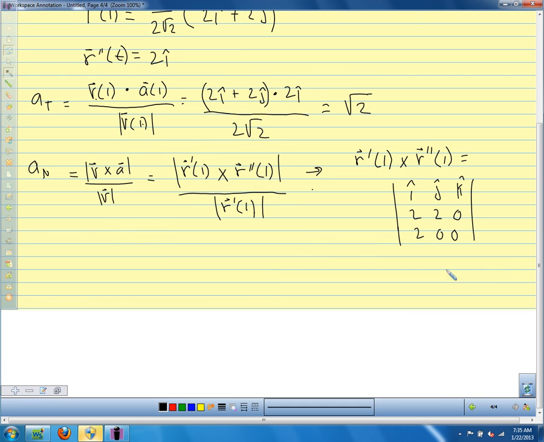When I calculate this out, I get minus 4k hat, and the magnitude is just 4. So now I can plug that in: a sub n equals 4 over 2 square root 2, which just gives me square root 2.